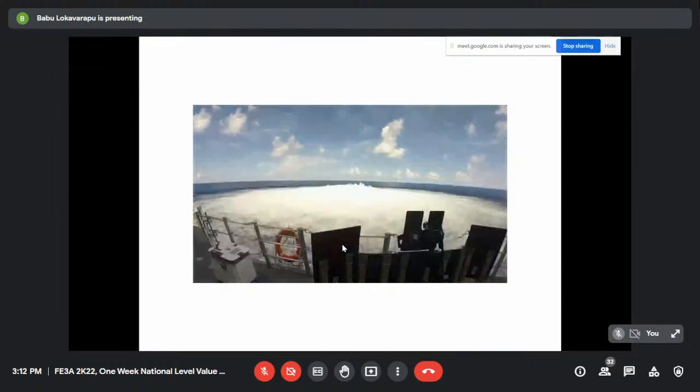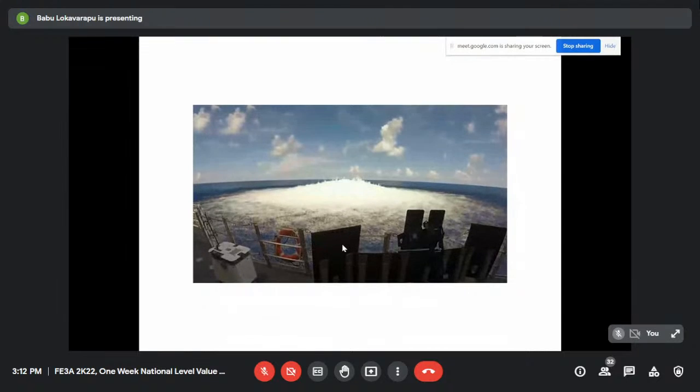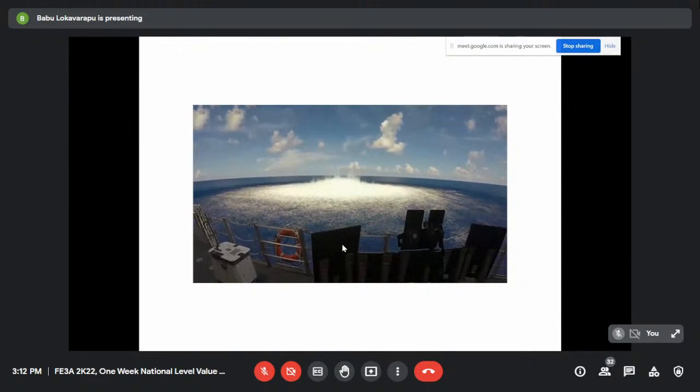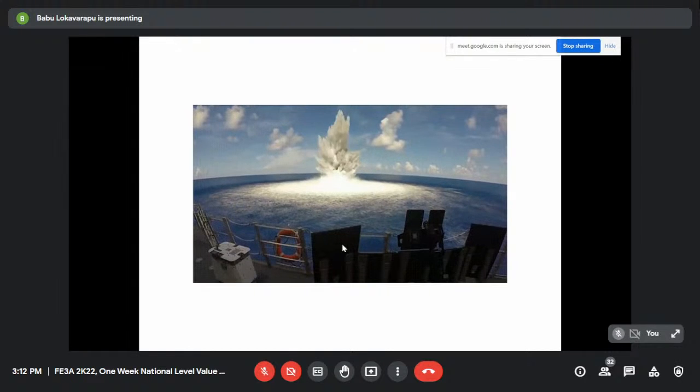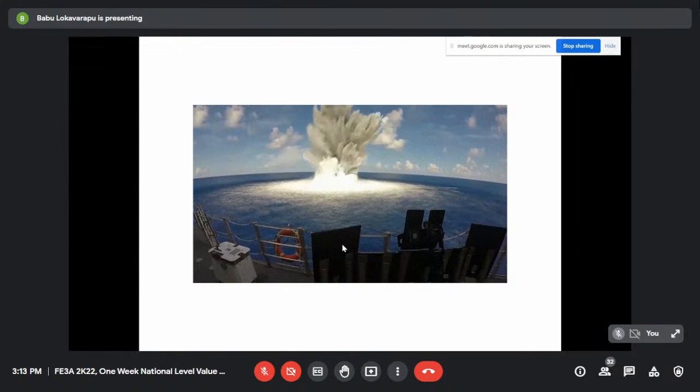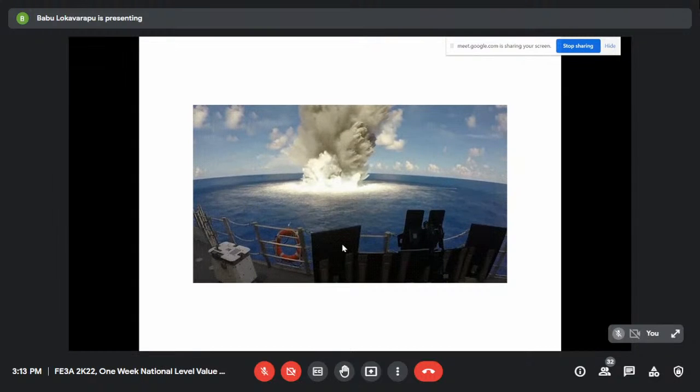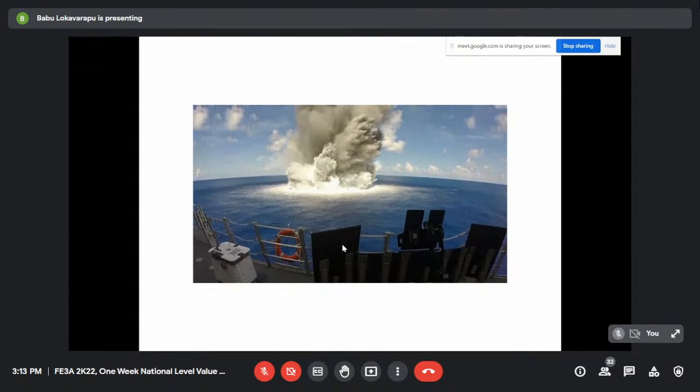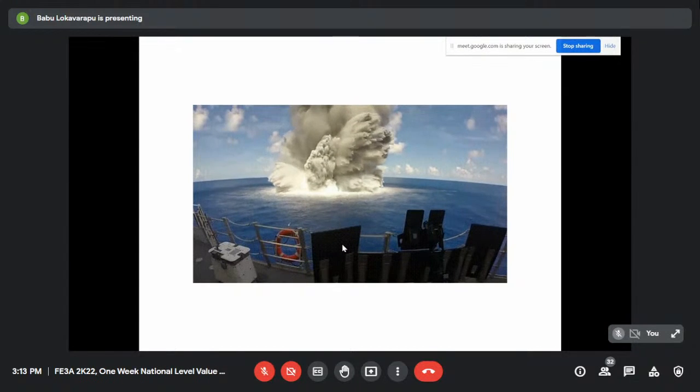And if you look at a blast in water, it looks like this. What is the depth of the blast from the surface of the water? Accordingly, these waves can move in all directions. The waves above the water level can be seen like this.